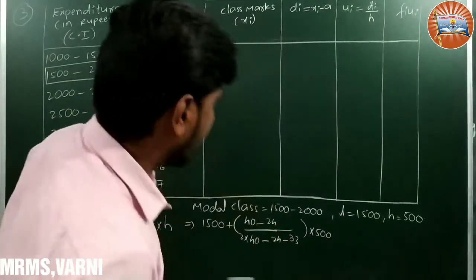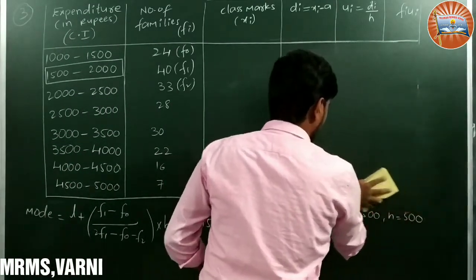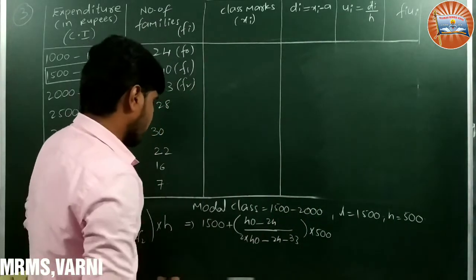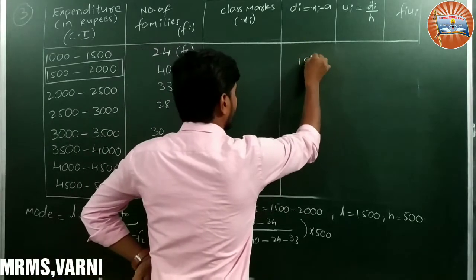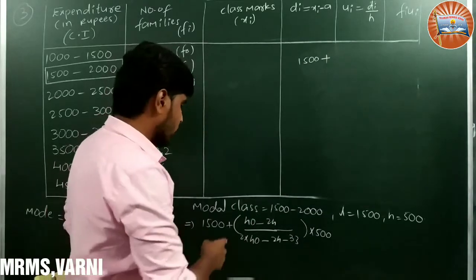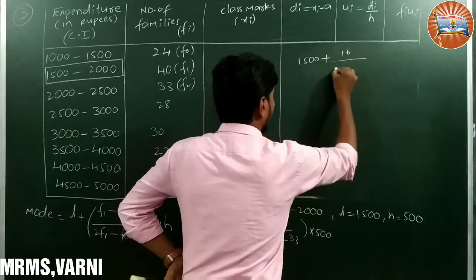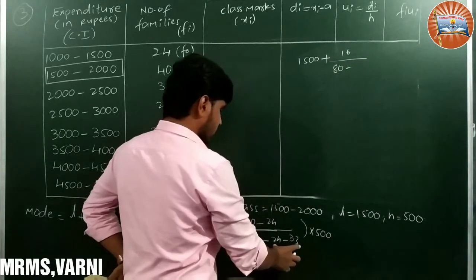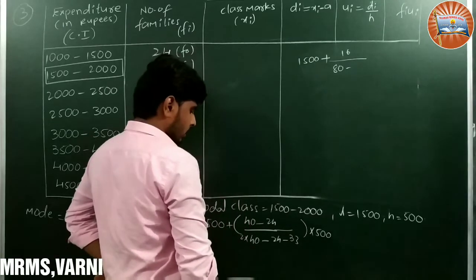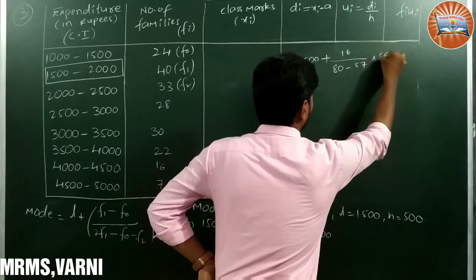I will do the simplification here. So 1500 plus 40 minus 24. Write down 1500 as it is, plus 40 minus 24. What is 40 minus 24? 16 by 80 minus 57, is it 57? Yes, it is 57 into 500.